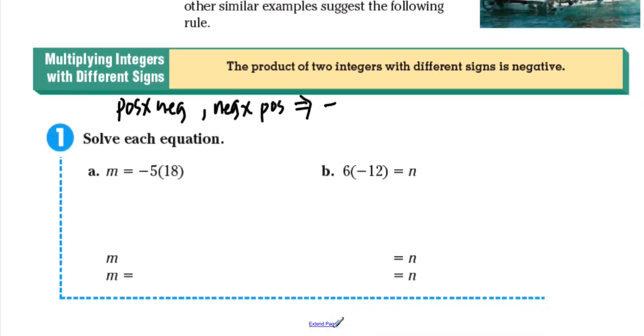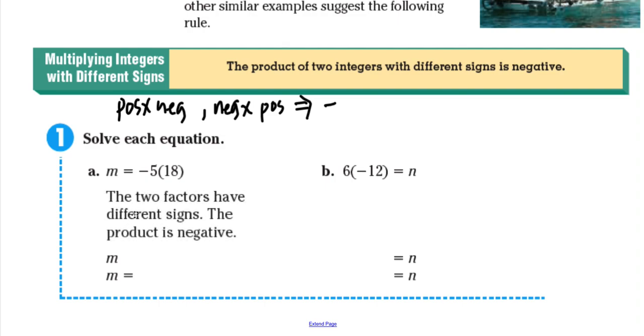Let's take a look at example number 1. A: M equals negative 5 times 18. In this case, the two factors have different signs: negative 5 and positive 18. So negative 5 times 18 will give you a negative result, which is negative 90.